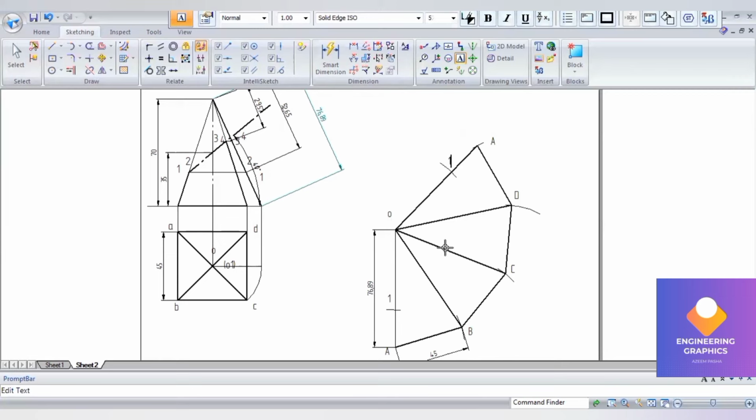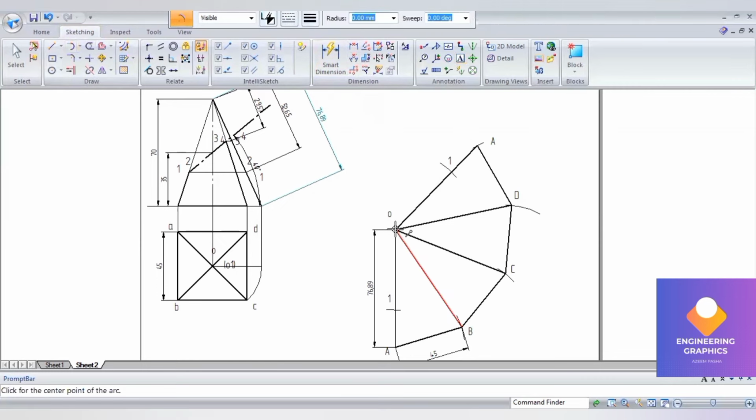Again measure and cut on the slant edge OB, 52.65, and cut it on OB length.